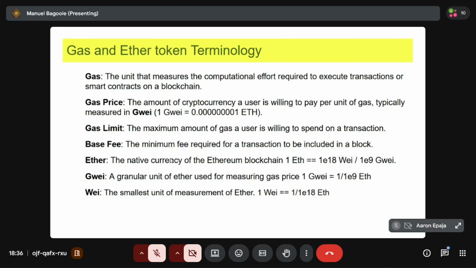What causes fluctuation of gas fees is network activity. The more transactions a mempool has, and the mempool is where those transactions go before they are picked up to be put in blocks, the more transactions the blockchain has to verify at a specific instance, the higher the competition for compute power.